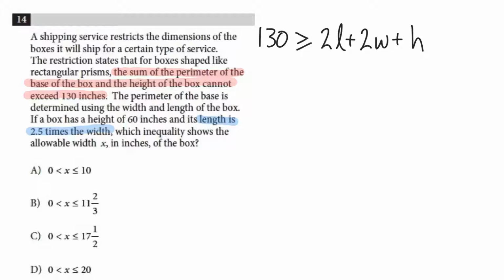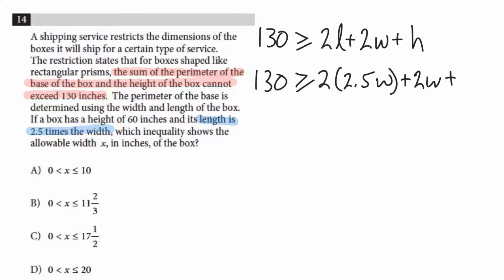Okay, very well. The length is 2 times the width, so I'm going to write this as 130 has to be greater than or equal to 2 times the length, which is 2 times the width. So I'm going to have 2 times 2W plus 2W plus, and the height, well, the height they said is 60 inches.